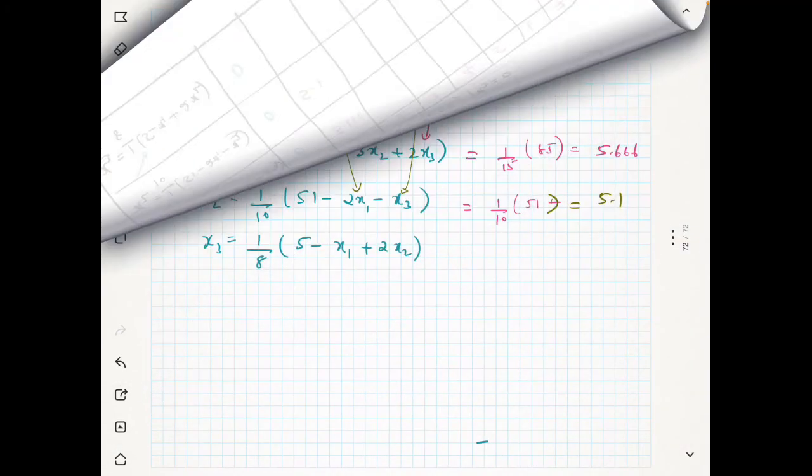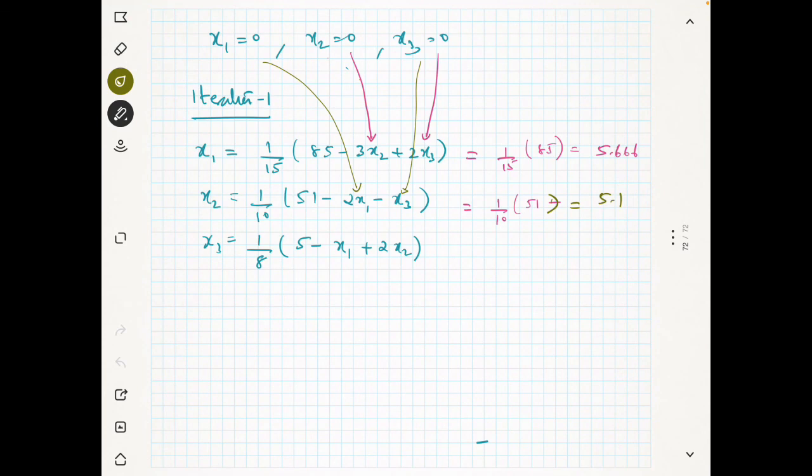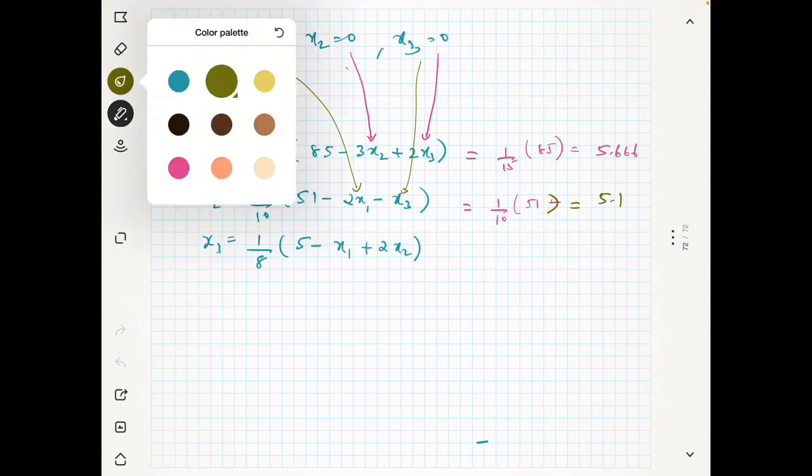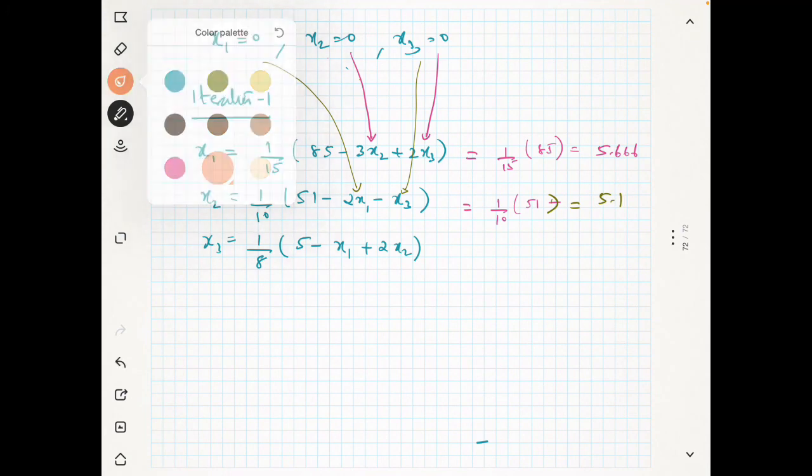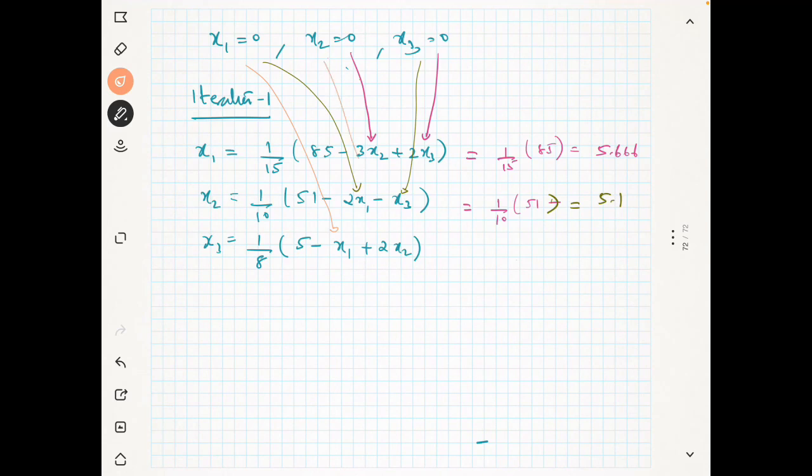Now next I will use another color. In this equation I will put x1 is equal to 0 and x2 is equal to 0. These are all from iteration 0, and we are finding iteration 1. So we will use all the values from iteration 0 to obtain the solutions in iteration 1.